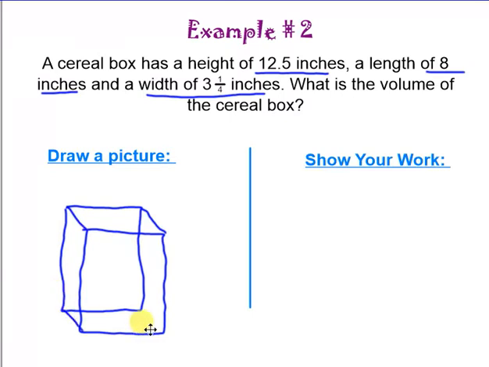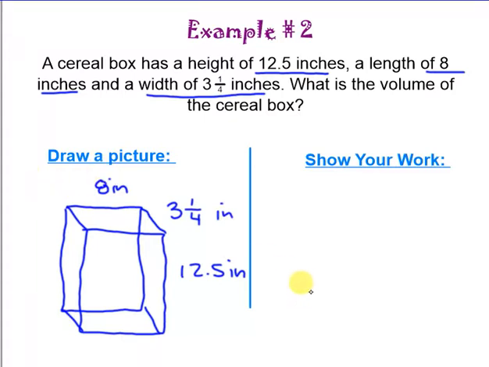Kind of a crooked cereal box, but that's okay. So it says the height of the prism is going to be 12.5 inches. And then it's talking about the base. So we have a length of 8 inches and a width of 3 1/4 inches.